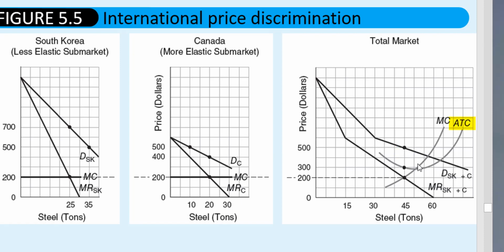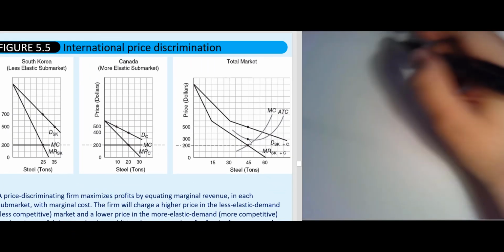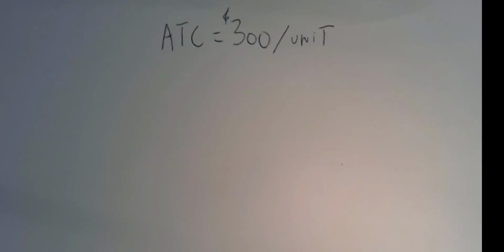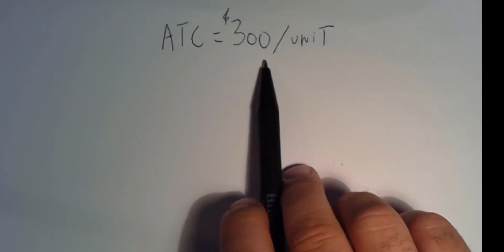The third curve on this graph is called the average total costs. So it aggregates not only the marginal cost, but also other costs, the non-variable costs. So in total, the firm, to produce 45 units, has an average total cost of $300 per unit produced. So let's write that down. The average total cost is $300 per unit.